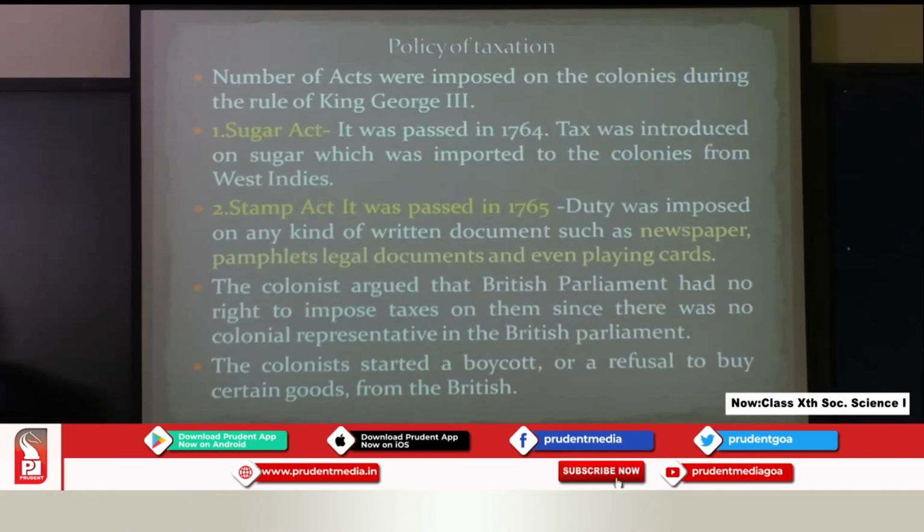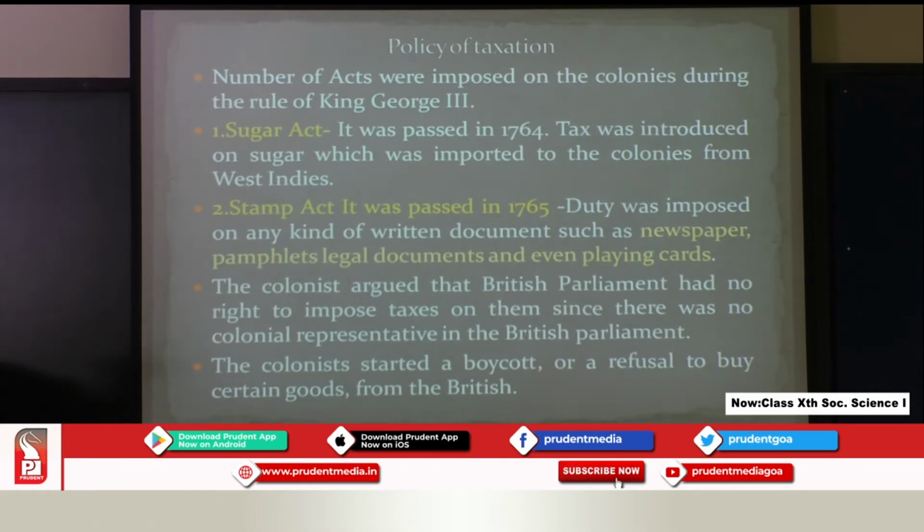So now, do you all think the colonists are going to keep quiet? No. The colonists argued: the British Parliament had no representative from America, and how can you all impose taxes on us? Why? People started arguing, we do not have our colonial representative. What is a representative, students?